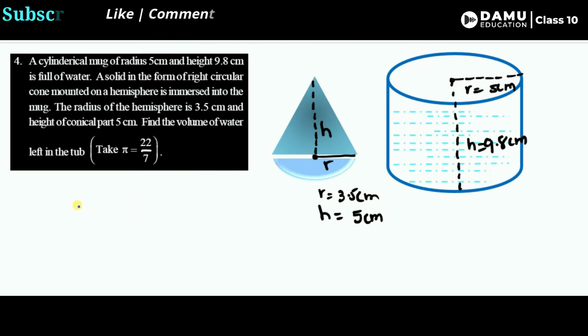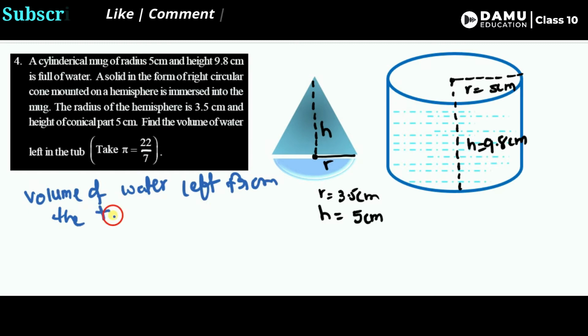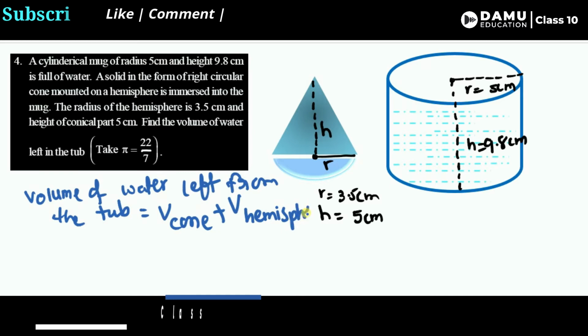So the volume of water left from the tub will be equal to the volume of the cone plus the volume of the hemisphere. So this is the thing.